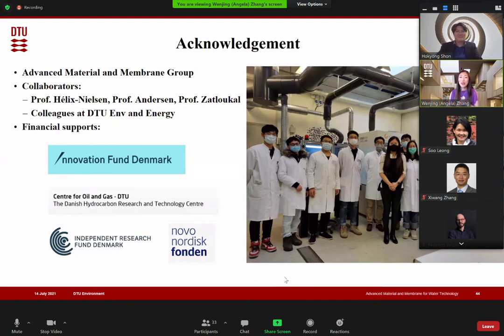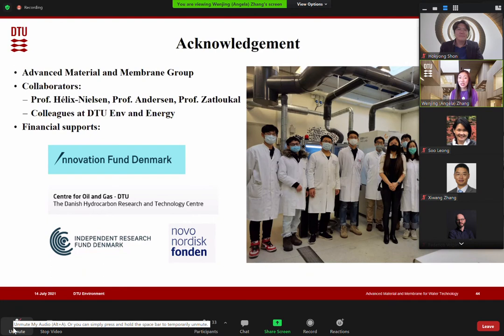They worked even during this very tough time and created amazing results. I also want to thank the collaborators at DTU Environment, Professor Klaus Helix Nielsen and Professor Henrik Andersen for their support, and also Professor Zalokai for the simulation work, my colleagues at DTU Environment and also DTU Energy.